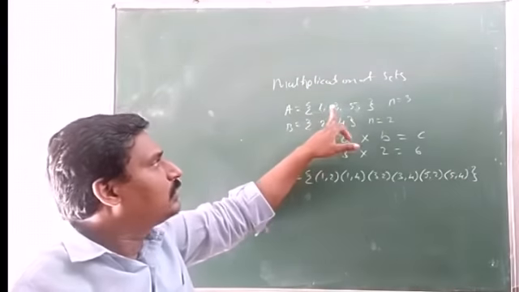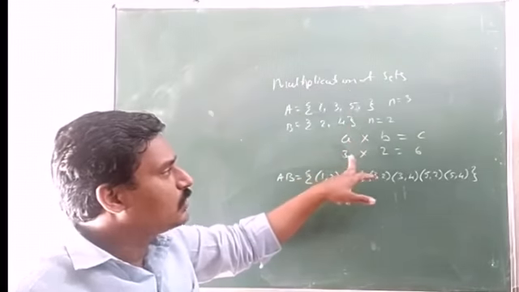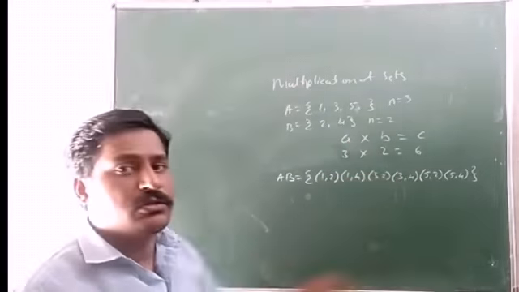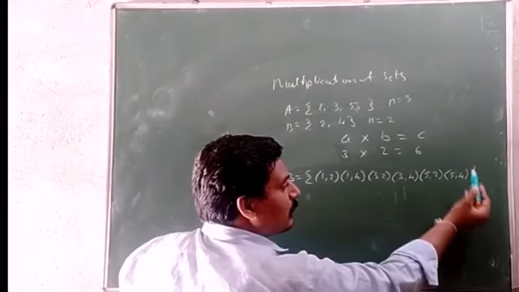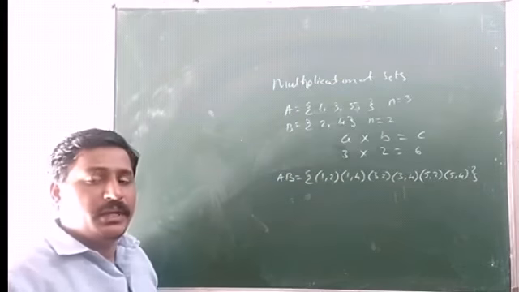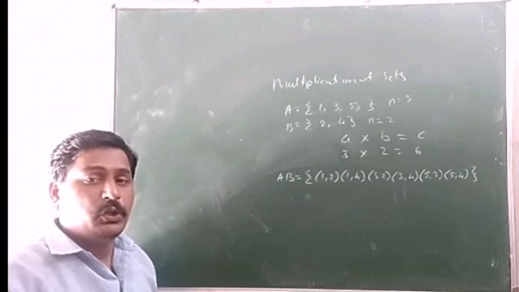So 3 objects in A, 2 objects in B, so 3 into 2 is 6. We now have 6 objects, 1, 2, 3, 4, 5, 6 objects in A into B. This is the product or multiplication of two sets.